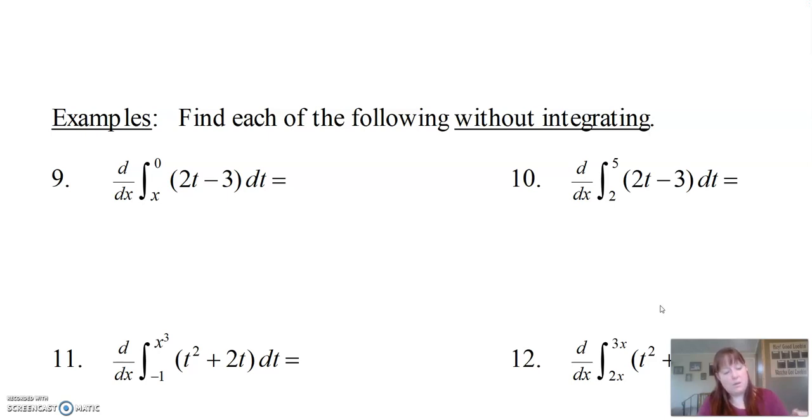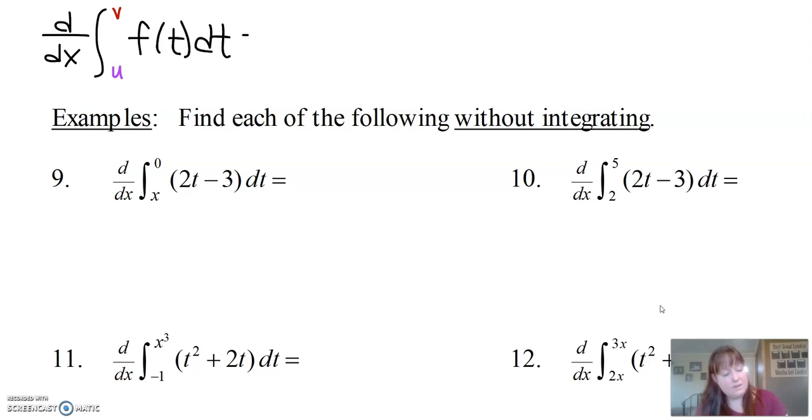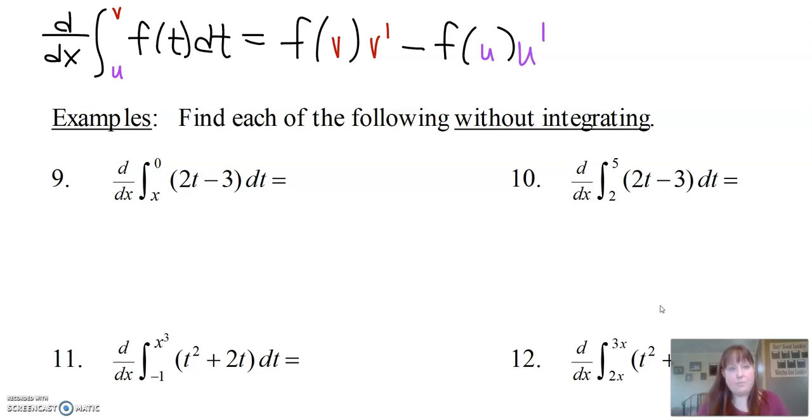When we want to take the derivative of something from u on the bottom to v on top of f of t dt, that equals f of v times v prime minus f of u times u prime. Okay, so this is our second fundamental theorem of calculus with the chain rule.